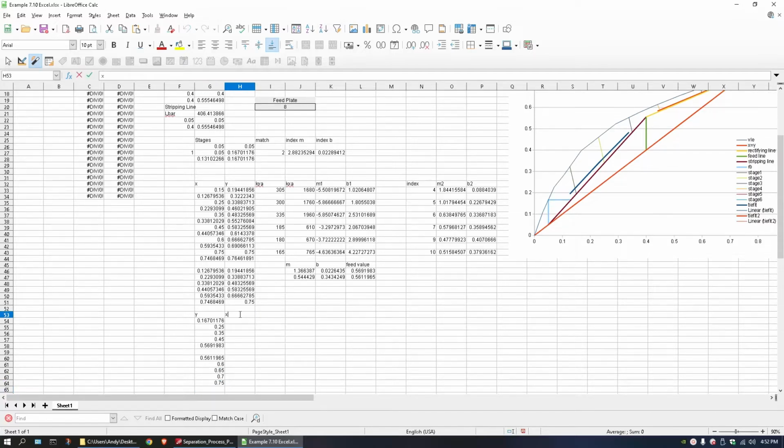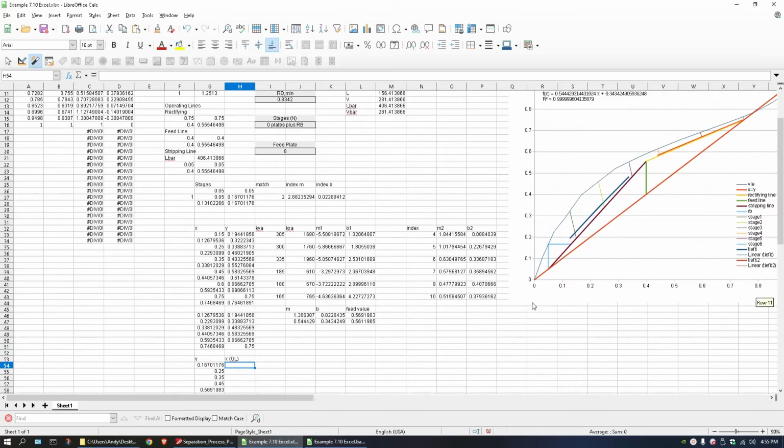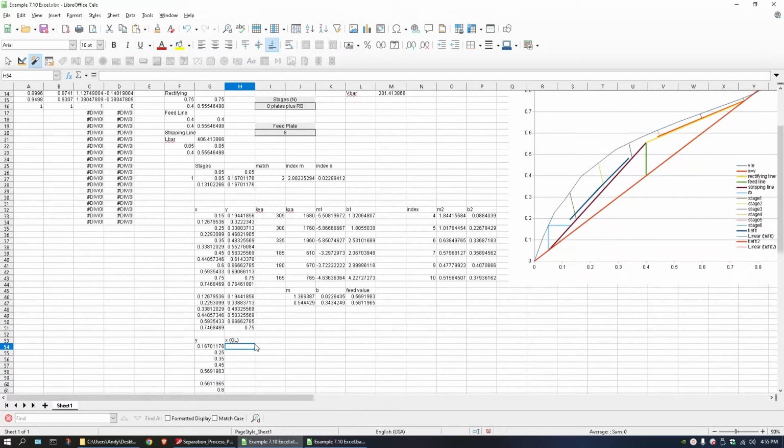So we can find our x on our operating line. So our x is going to be calculated the same way as previously, where we have our y. So we'll just calculate our x by having our y minus b, sorry, we'll just call this b for now, and then it's going to be divided by our m. Oops, it's just the m.